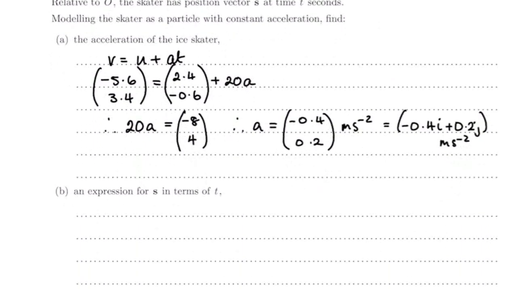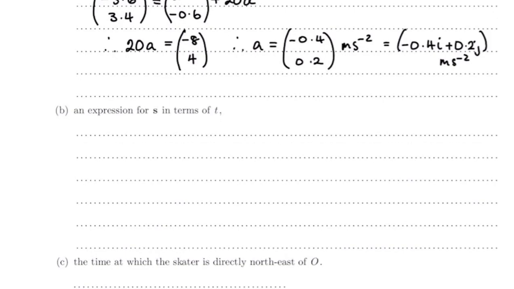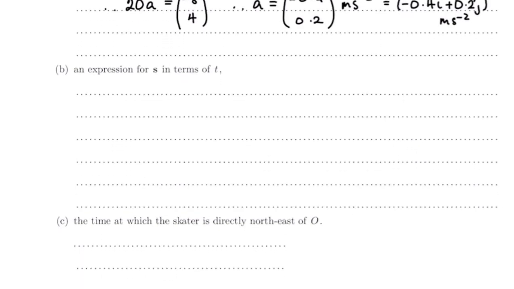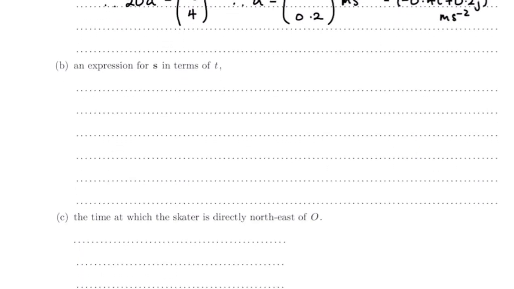Now, the next bit says find an expression for s in terms of t. Notice s is bold, so it's not displacement, it's actually position vector. So this time again we're going to use our standard suvat s equals ut plus a half at squared, remembering that s, u and a are vectors and t is scalar.